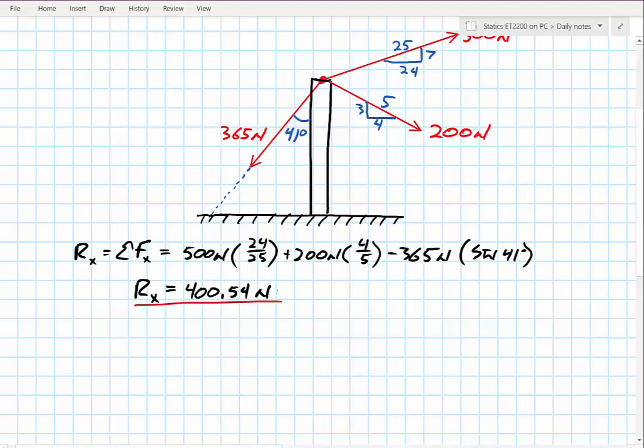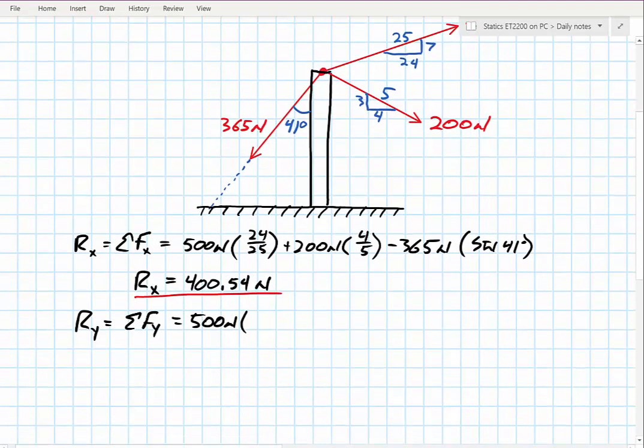Same idea in the y direction. Sum of the forces in the y direction. So over 500 Newton force, the y direction component is that 7/25. The 200 is pointing down, so I have a negative 200 newtons. In the y direction, that would be 3/5.